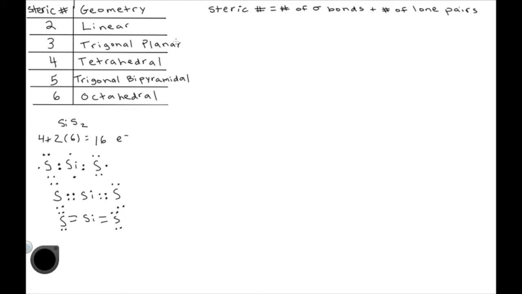So if we were to redraw the lone pairs around each sulfur, each pair of electrons wants to maximize the distance between each other, right?